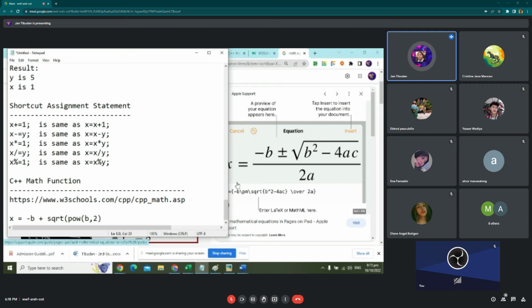The base is b, the power is 2, okay, then minus 4 times a times c. Okay. Now, here, pwede kaming negative 1 times b. Okay.